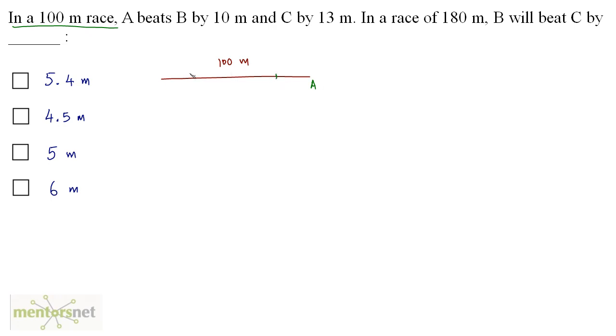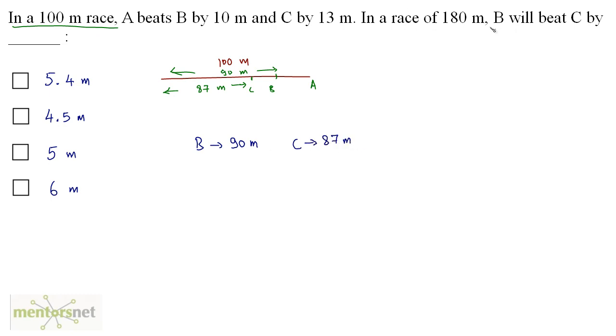That means B has traveled 100 minus 10, that is 90 meters. And A also beats C by 13 meters. So C has traveled 100 minus 13, and that is 87 meters. So from this we can say that when B travels 90 meters, C has traveled 87 meters.